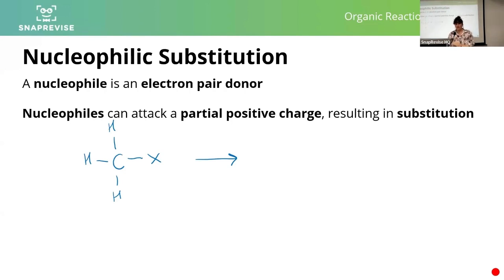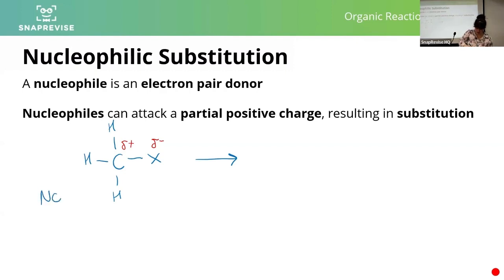Here we have a halogenoalkane. So what's interesting about that halogenoalkane? The halogen is much more electronegative than the carbon. That creates a polar bond. The delta positive carbon is attractive to a nucleophile.